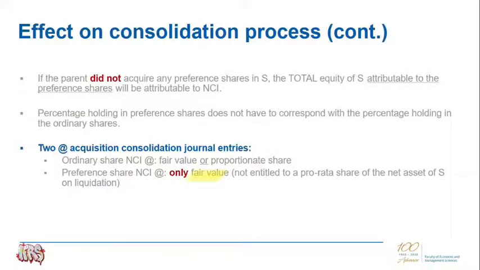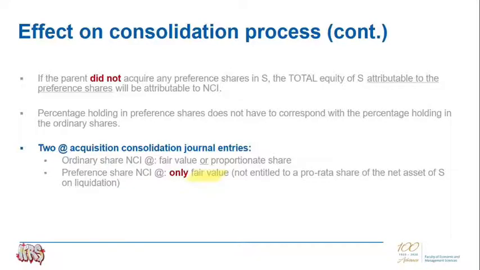You cannot measure them at proportionate share because your preference shareholders are not entitled to a pro rata share of the net assets of the subsidiary at liquidation. Remember when we spoke about the nature of preference shares, your preference shareholders will only be entitled to their capital upon liquidation.